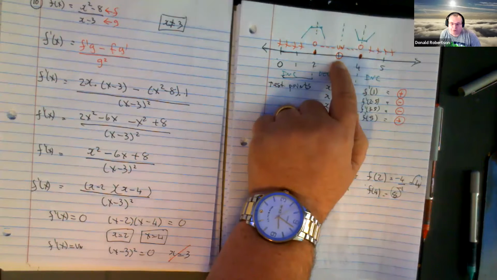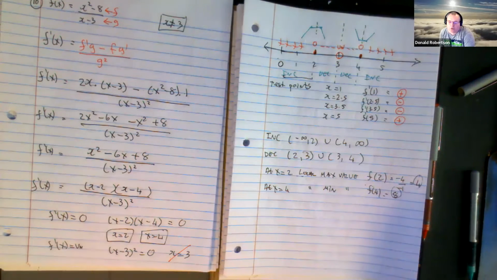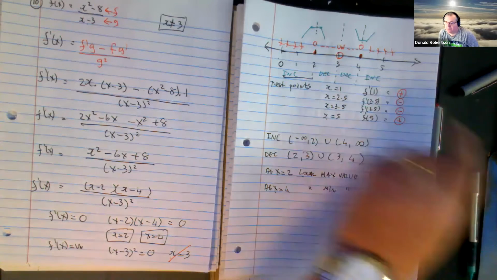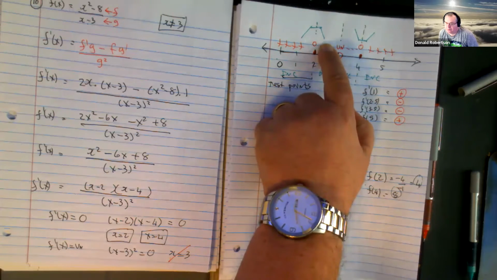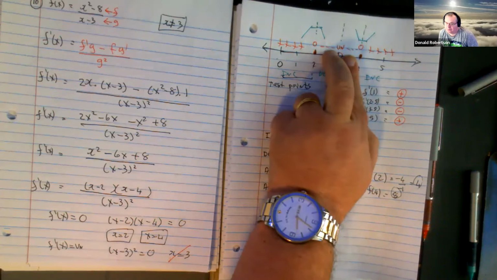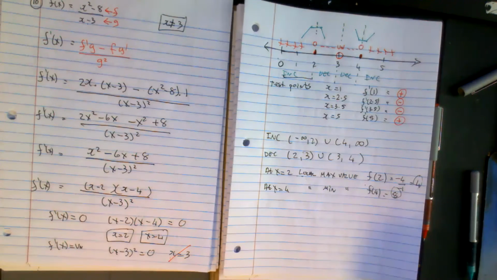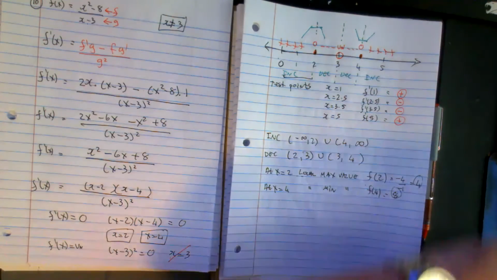Now let's go to what is or isn't happening at 3. Is there a local max or a local min happening at 3? Or just nothing? I would say there's no local min or maxes, but there might be something interesting happening there still.